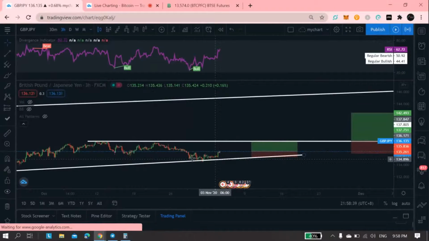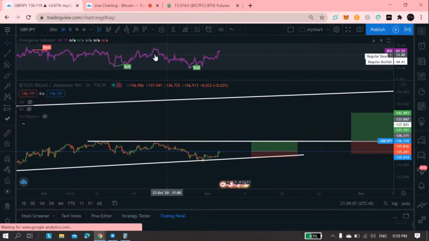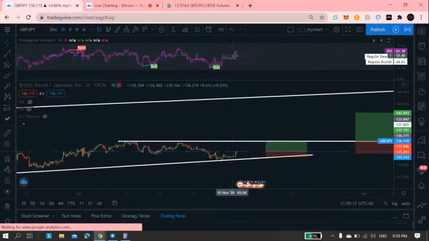What I love about this divergence indicator is that it indicates the possible divergence, the bull and the bear. So this one is a bullish divergence. It's already near or approaching the 80, the resistance area, so it might possibly pull back, but there's still a higher chance.